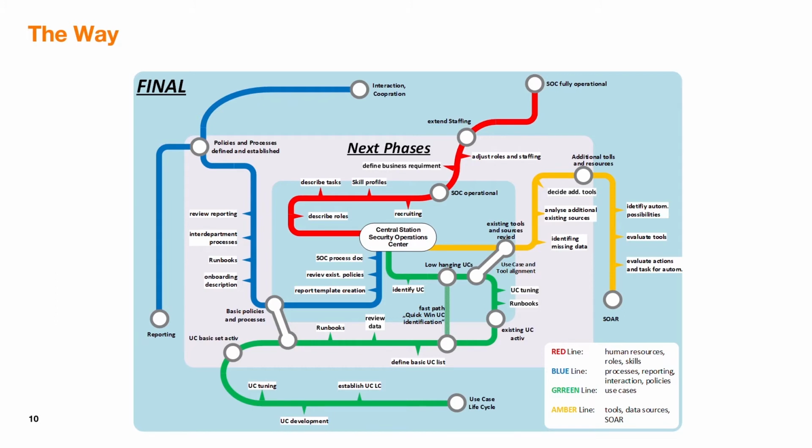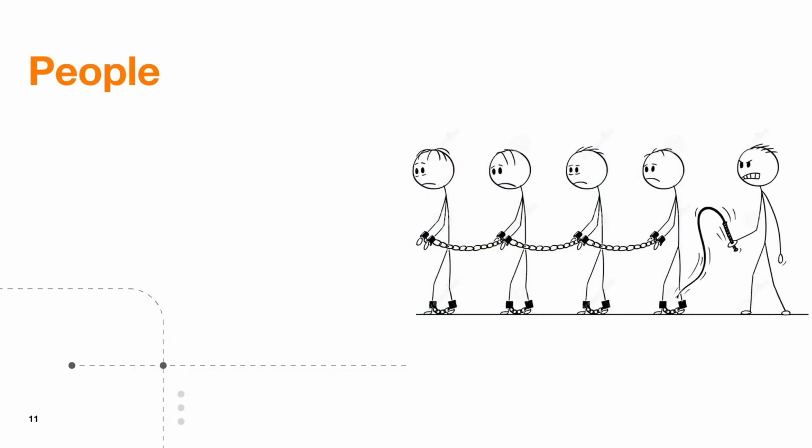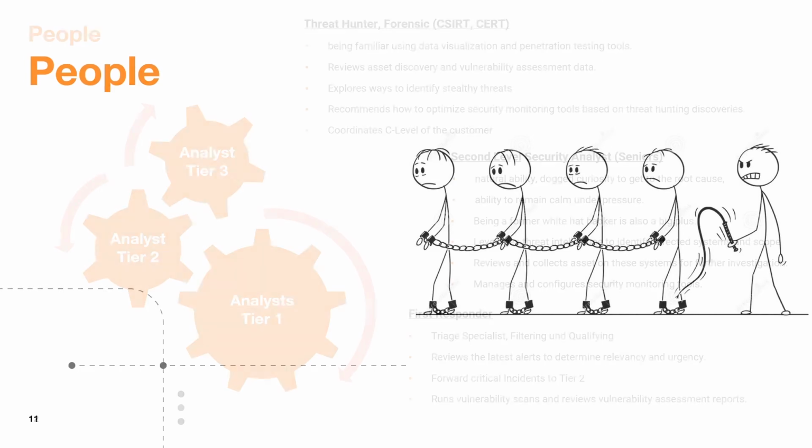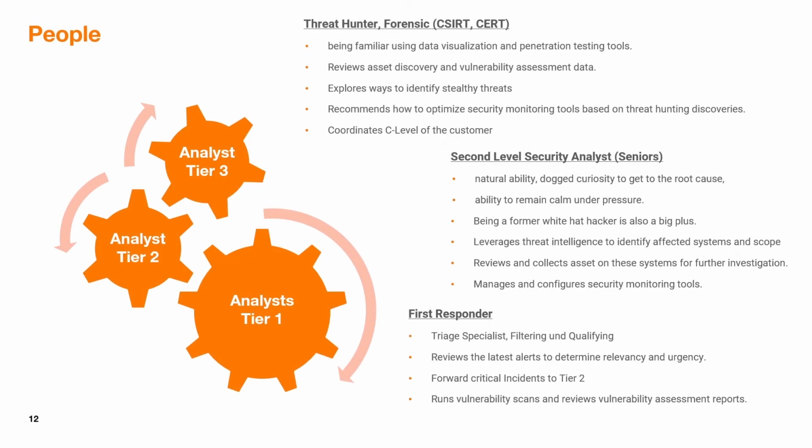Starting with the first lane and the first dimension, the people. The SOC is organized in tiers, tier 1 to tier 3.